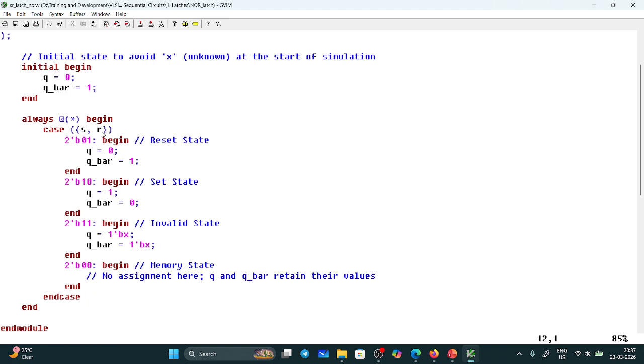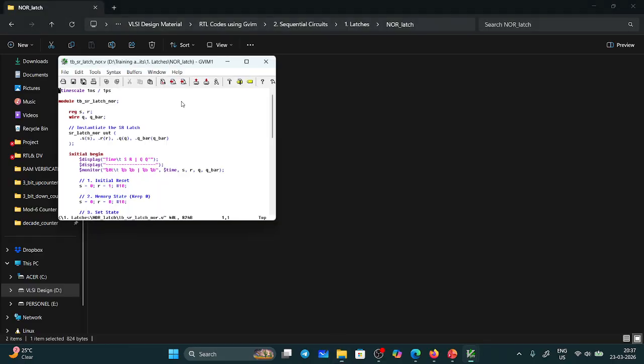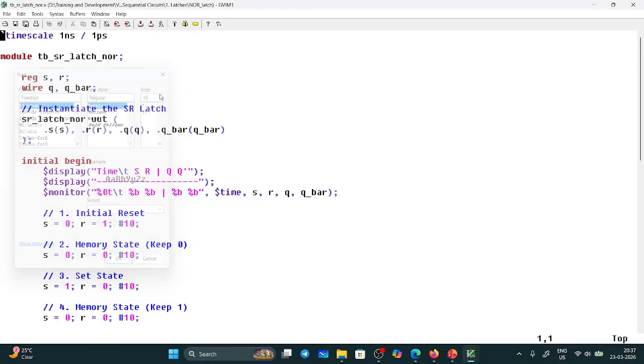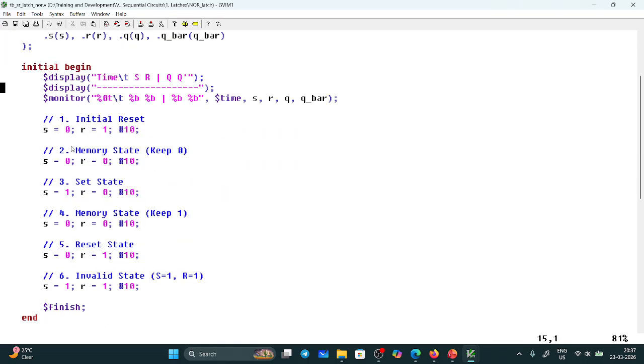Case {S, R}: 01 means reset state, 10 means set state, 11 means invalid state, 00 means memory state. Okay, and you can see the test bench is also the same. Just 5 steps are there. So S, R, Q, Q_bar and instantiating with connection by name, and I am giving different values: 00, 01 means reset state, 00 means memory state, 10 means set state, 00 means memory state, 01 means set state, 10 means invalid state, 11 means invalid state.